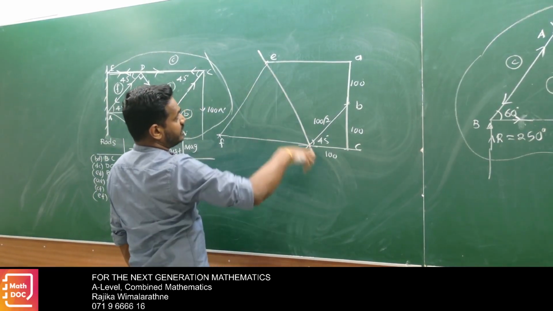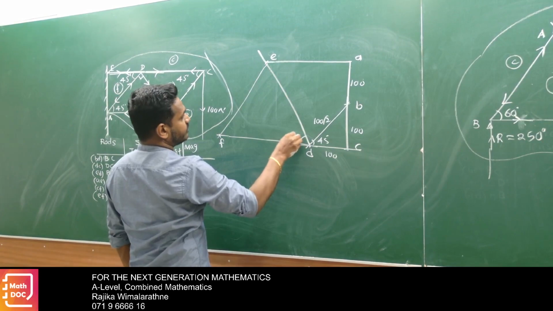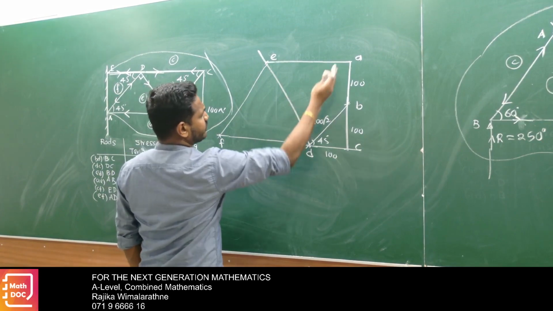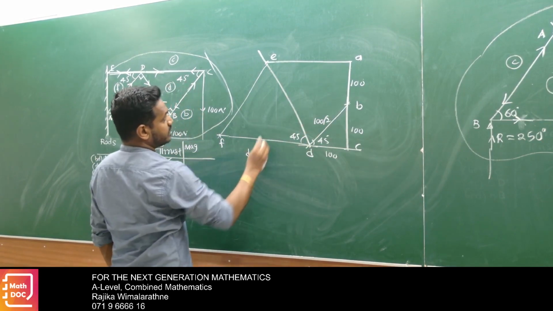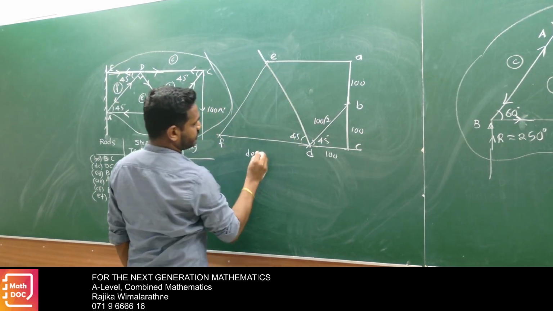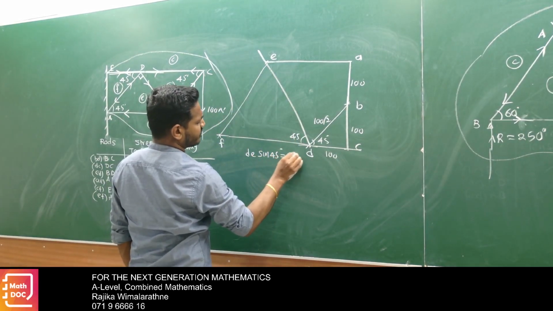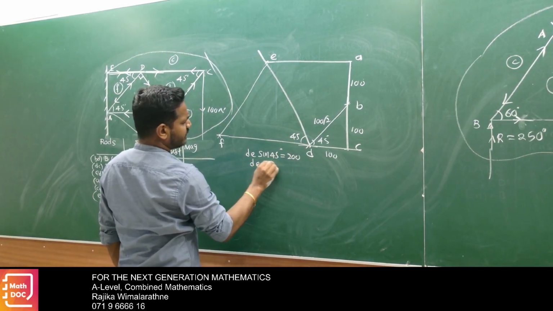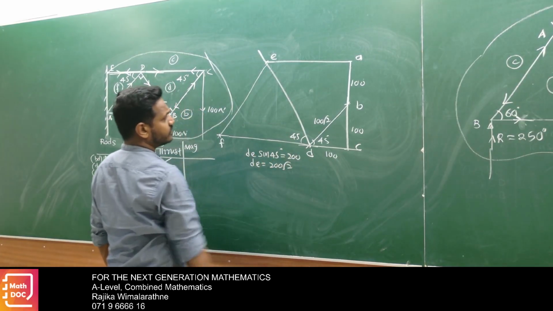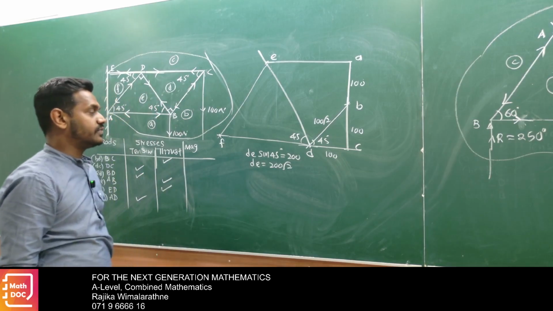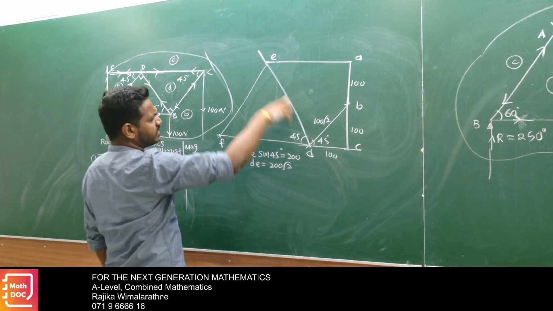Then DE, here 45, DE sin 45 200. Here DE resolve sin 45. Then DE equal 200 root 2. DE 200 root 2.